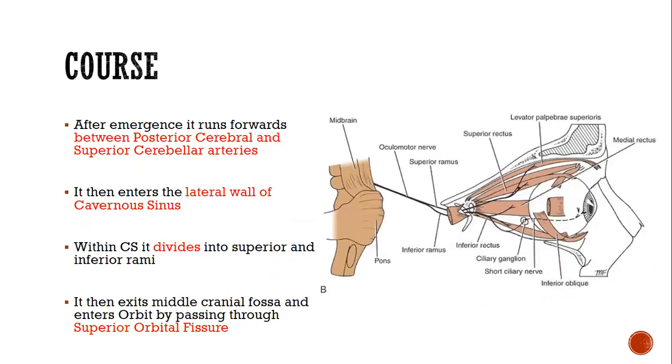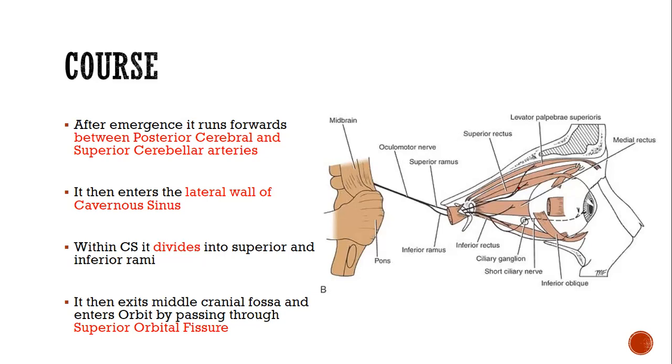As soon as it emerges from the central nervous system, it runs anteriorly between the posterior cerebral and superior cerebellar arteries, and then eventually it enters the lateral wall of the cavernous sinus. We covered in our previous lecture that four nerves pass through the lateral wall of the cavernous sinus, and one of them is the oculomotor nerve.